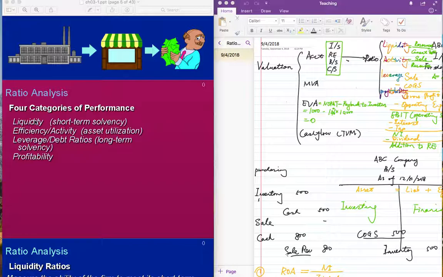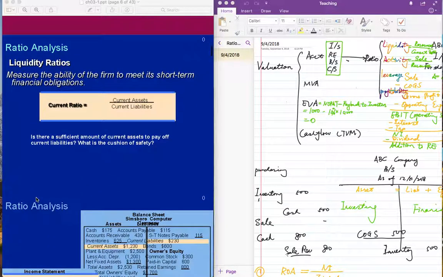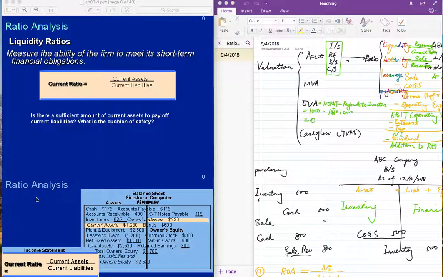So this example just shows you, do not just look at the profitability or the bottom line of a company. You want to evaluate a firm's performance from all 4 different perspectives: liquidity, efficiency, leverage, and profitability. Now, we look at liquidity ratios first. It says in your PowerPoint slides, it measures firms' ability to meet short-term obligations.